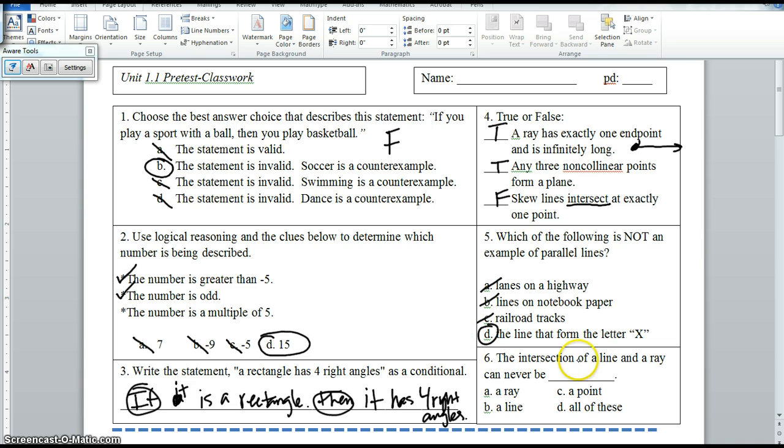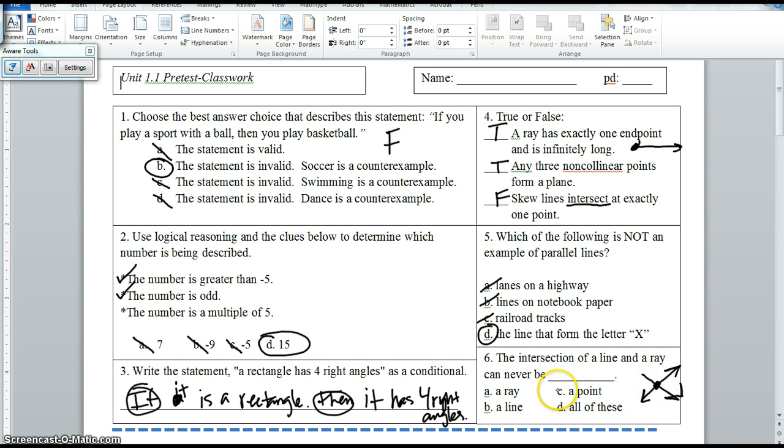Number 6. The intersection of a line and a ray can never be, just so you know, this is a ray, this is a line. If I put a dot right in the middle, that's the intersection.